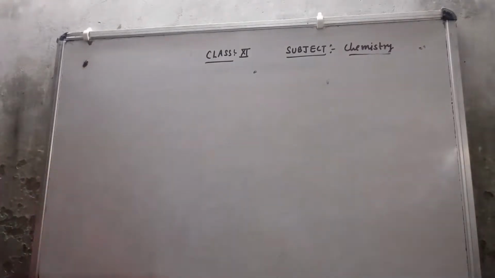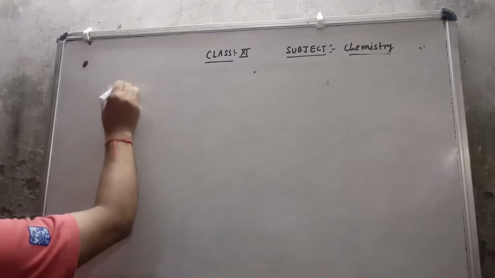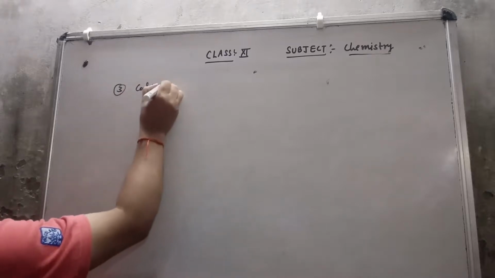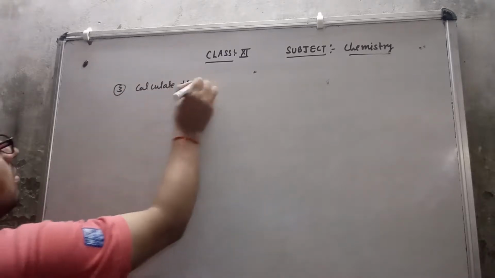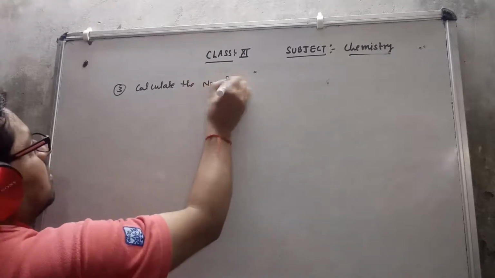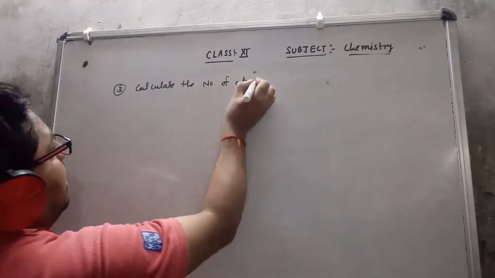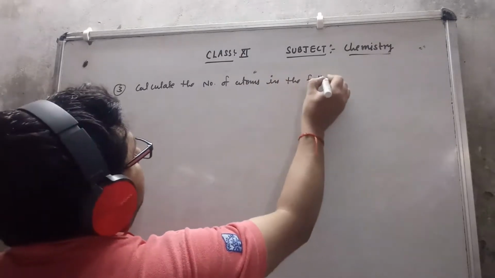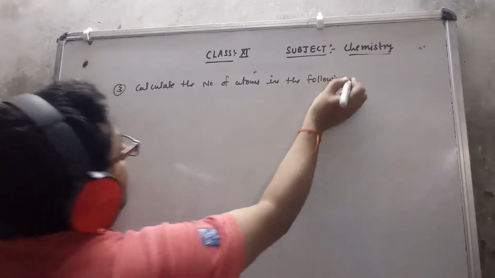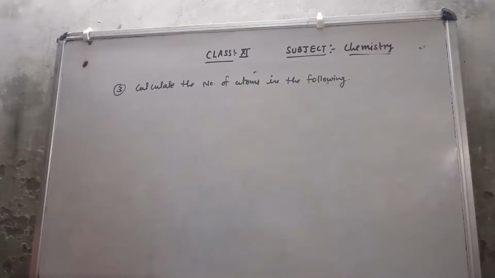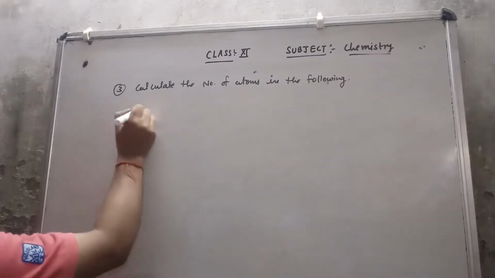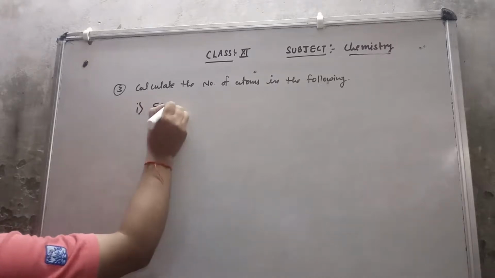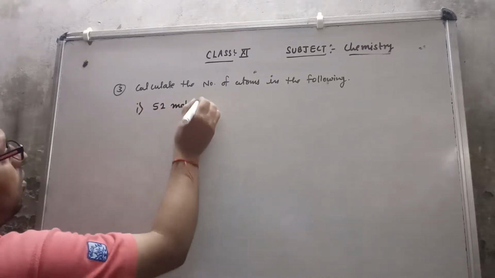The question is: calculate the number of atoms in the following. First point, they are giving us 52 mole of argon.